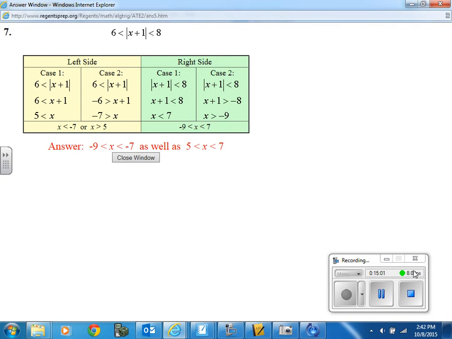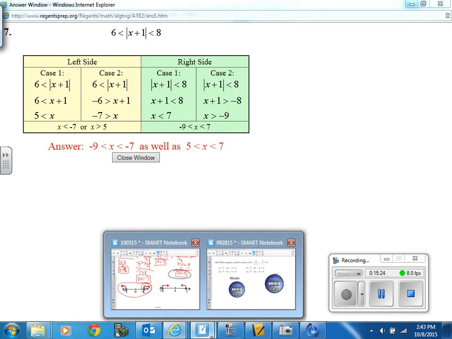All right, so everything from -9 to -7, that just means -9, -8.99, -8, everything up to -7, and then also everything from 5 to 7.